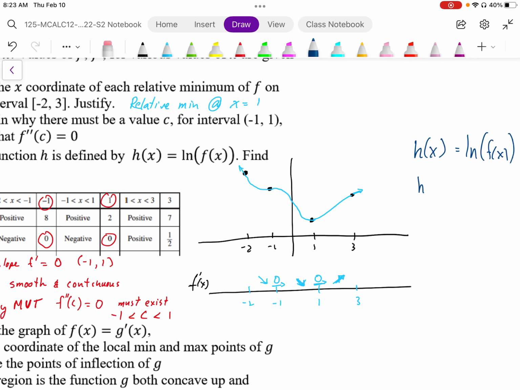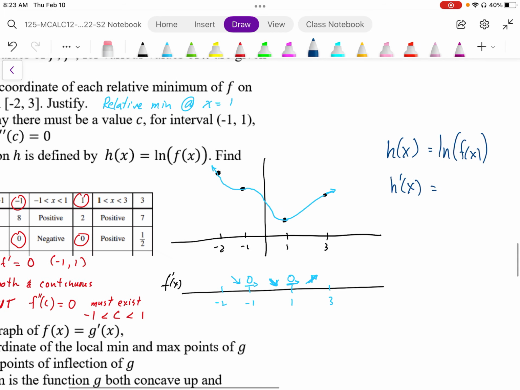To find h prime, this is an embedded function, so I differentiate 1 over the inside function, but because the inside function is itself a function, I multiply using the chain rule. Simplifying, I now have an expression for h prime in terms of f prime and f of x.